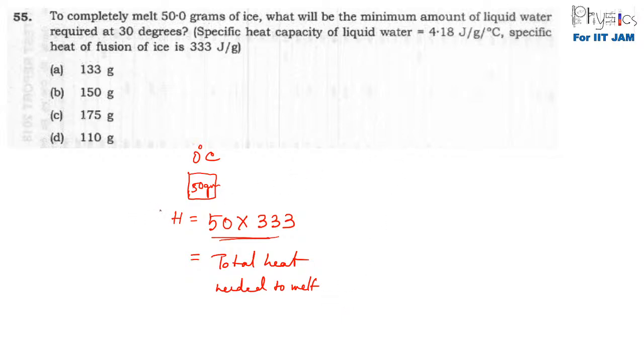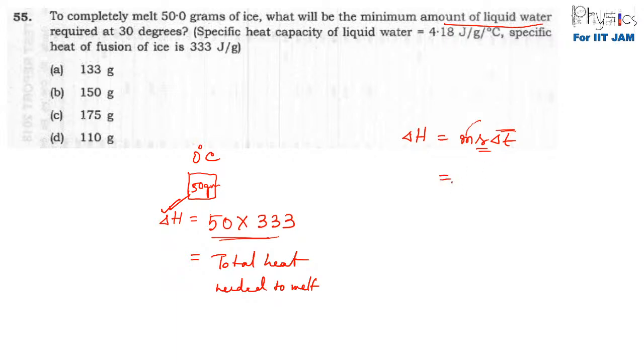Now this heat is supplied by the amount of liquid water at 30 degrees. Okay, now suppose delta H. So we know H is m s delta T, right? If s is specific heat, m is mass, and delta T is the change in temperature.